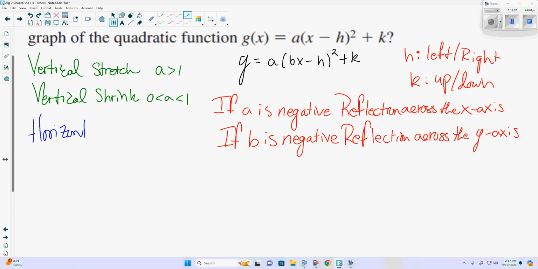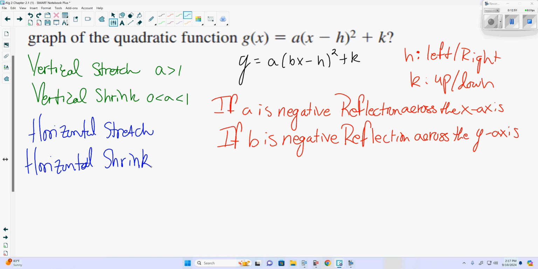Horizontal stretch or shrink: when we have that number being multiplied inside the parentheses in front of that x, before we talk about it being stretch or shrink, we have to flip it.